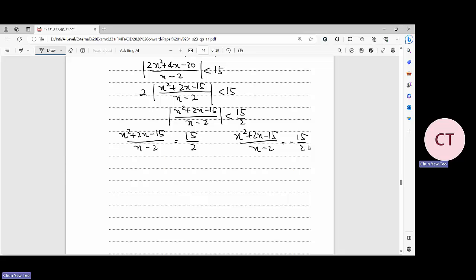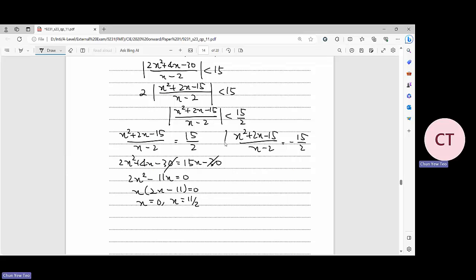You're going to get quadratic equations, then find the values of x. From here, you can just expand it: 2x squared plus 4x minus 30 equal to 15x minus 30. Here you can cancel it. You get 2x squared minus 11x equal to 0. Factorize the x out. Then x is equal to 0 and x is equal to 11 over 2.